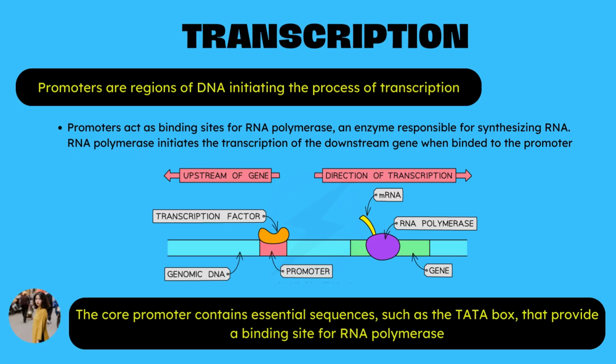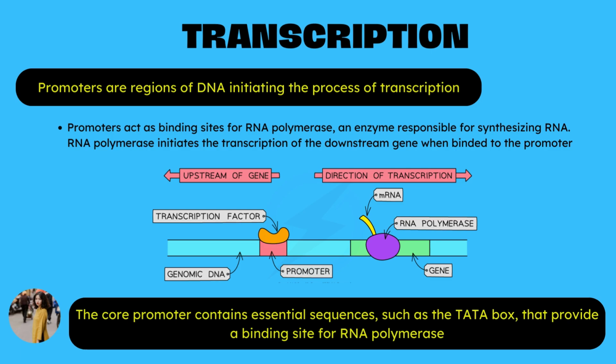First let's talk about transcription, which is the synthesis of RNA using information in DNA. The most important component of this is the promoter, which is a region of DNA initiating the process of transcription. The promoter acts as a binding site for RNA polymerase, an enzyme that is responsible for synthesizing RNA.